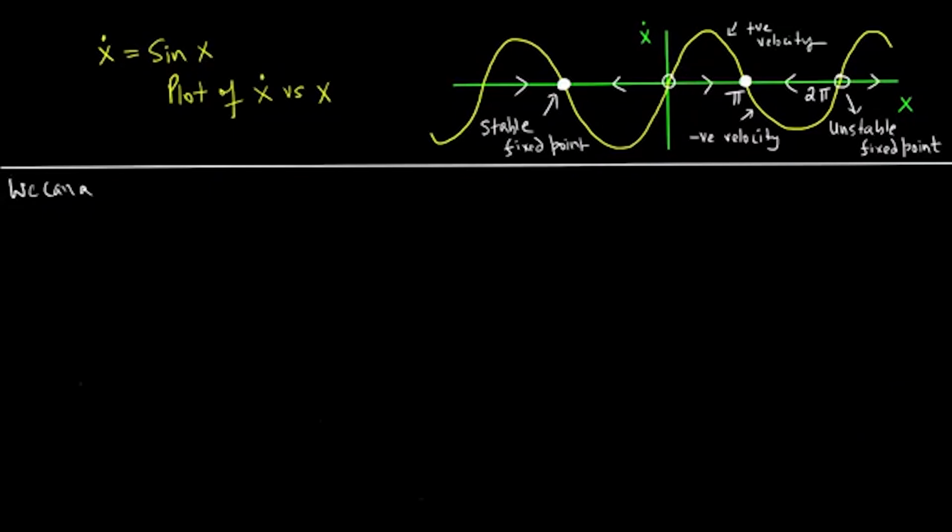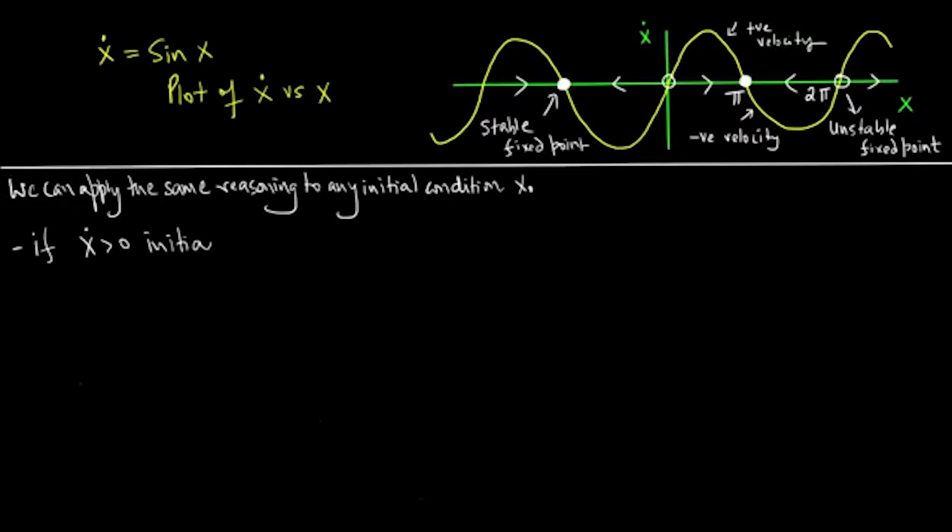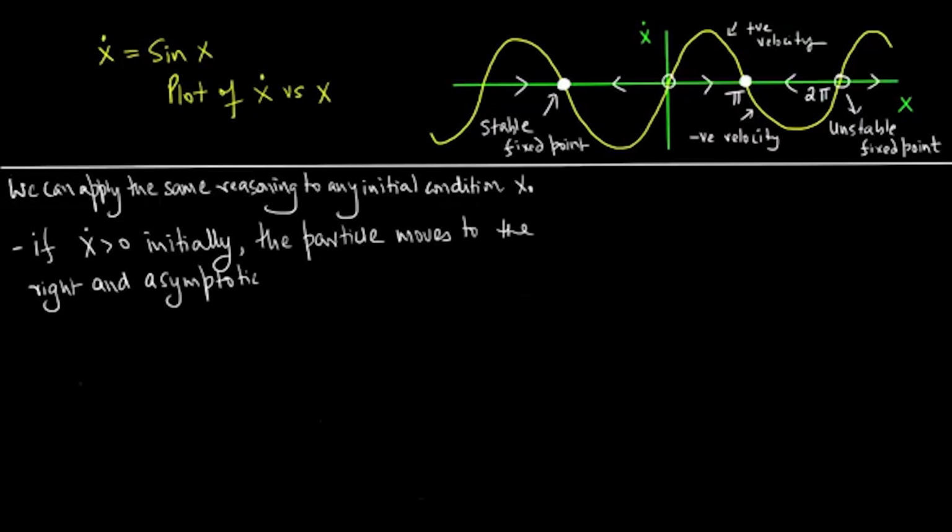We can apply the same reasoning to any initial condition x naught. If x dot is greater than 0 initially, the particle moves to the right and asymptotically reaches the nearest stable fixed point.